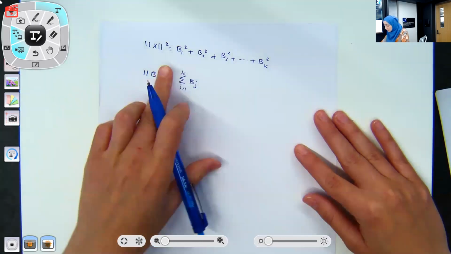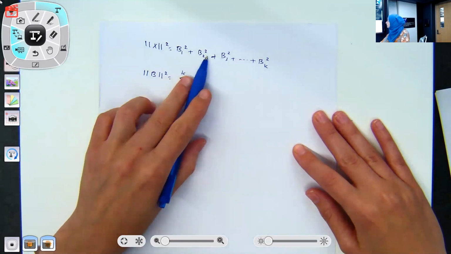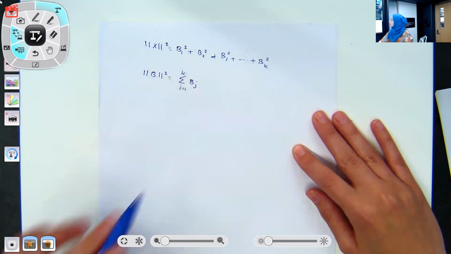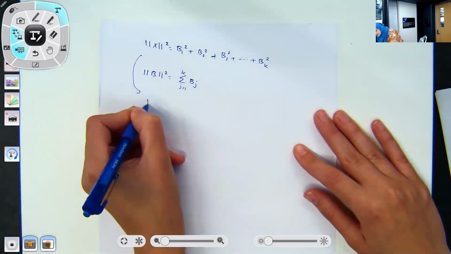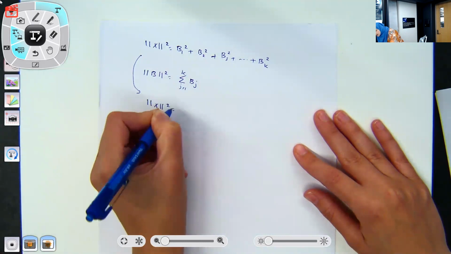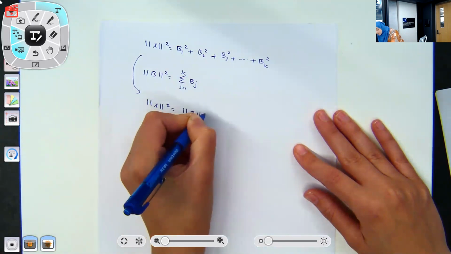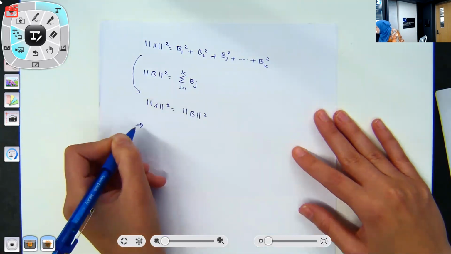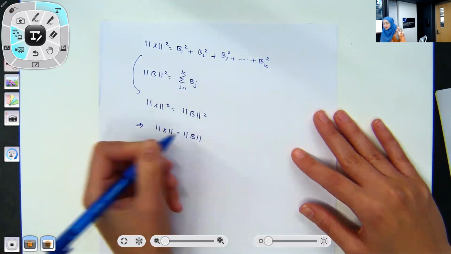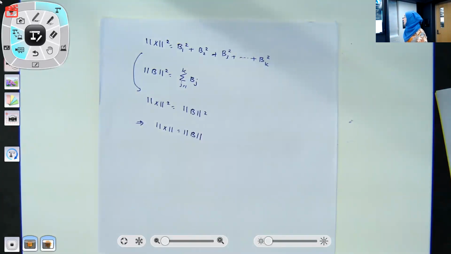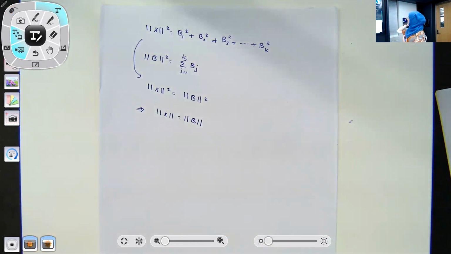So instead of B1 squared plus B2 squared up to BK squared, we can write the norm of B squared. So the norm of x squared equals the norm of B squared, and we can simplify: the norm of x equals the norm of B. And B here is a scalar, can be any number.